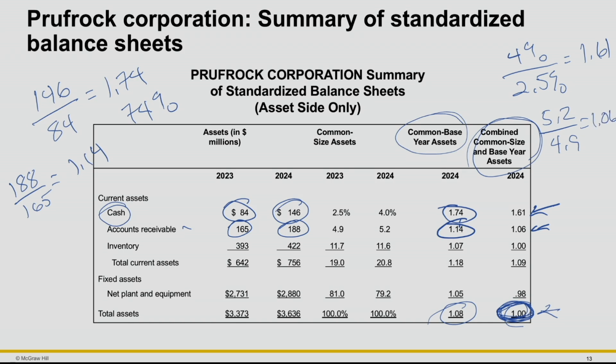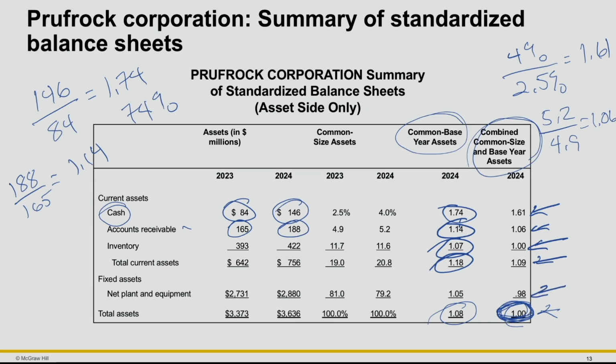Notice here, however, that inventory actually grew at just about 8%. So there's some rounding error in here. So that's why inventory actually is a 1 in this far right-hand column. Total current assets grew a little bit quicker, and so that's why we get a 1.09 here.